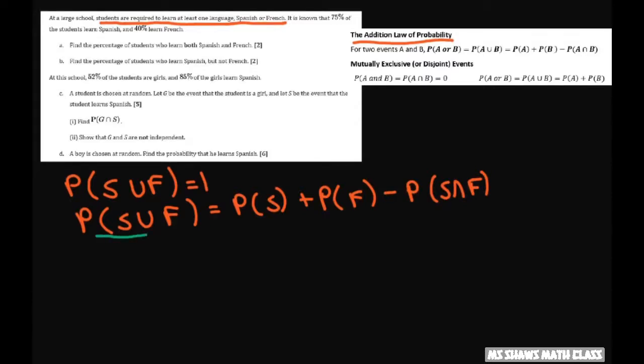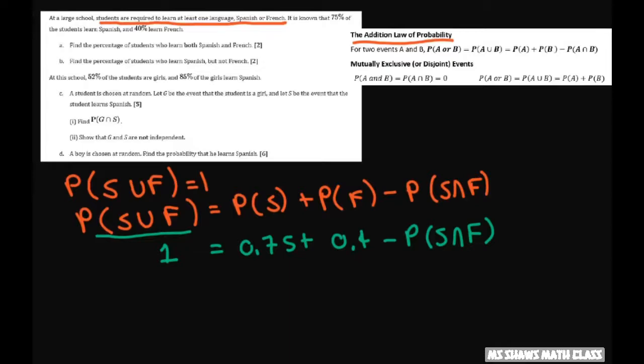We already know that this is 1 equals, and probability of Spanish is 0.75. Probability of French is 0.4. And the probability of Spanish and French is what we're looking for.